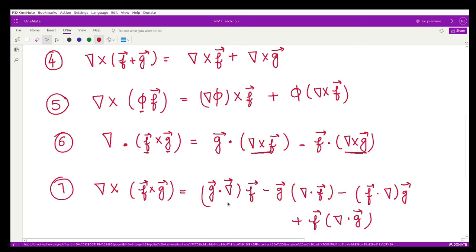So you see, you have this quantity and this quantity with the order of f reversed, and then you have this minus of this and minus of this with the orders reversed. So this is your seventh property.